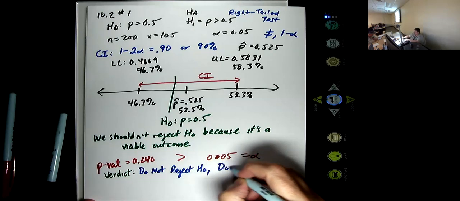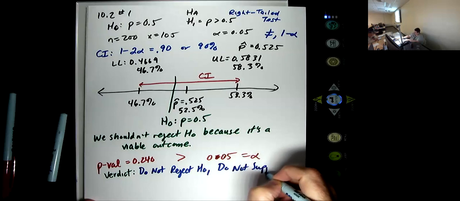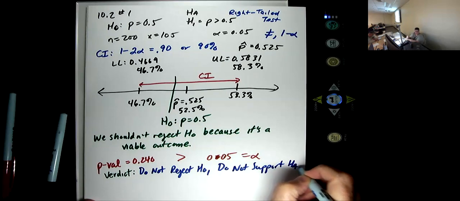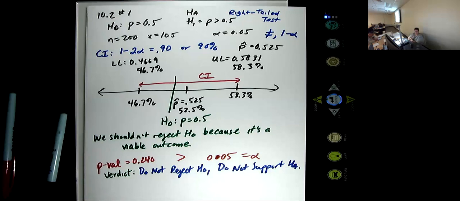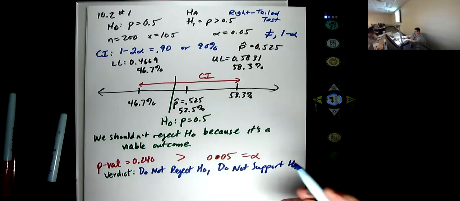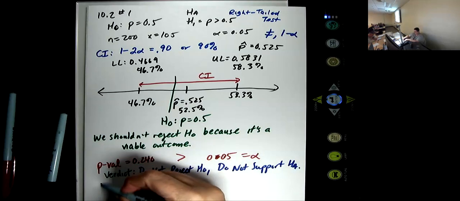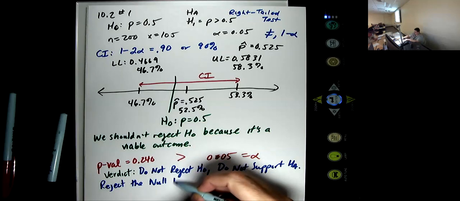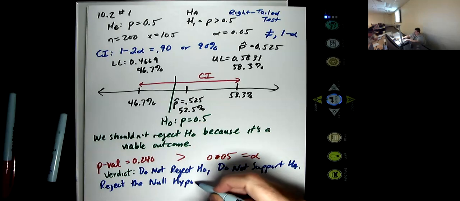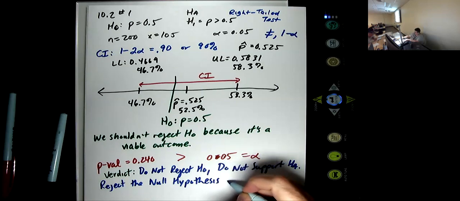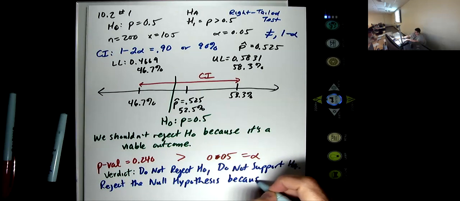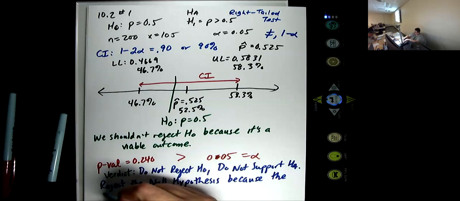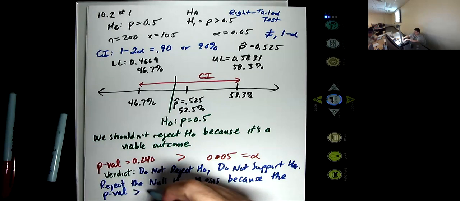Do not support HA. So the next question asks us to fill in the blank. We're going to say reject the null hypothesis because the p-value is greater than alpha.